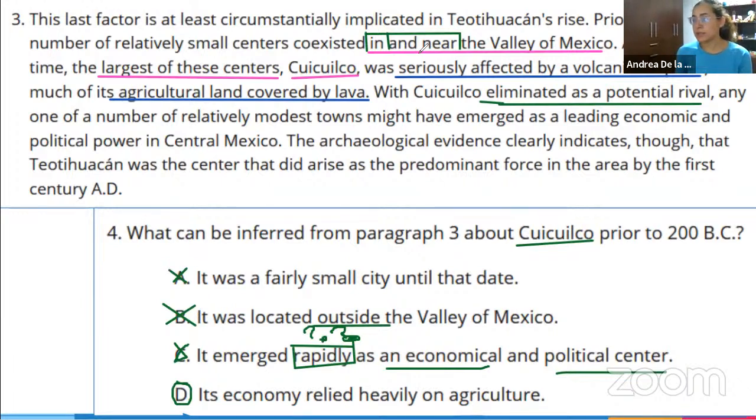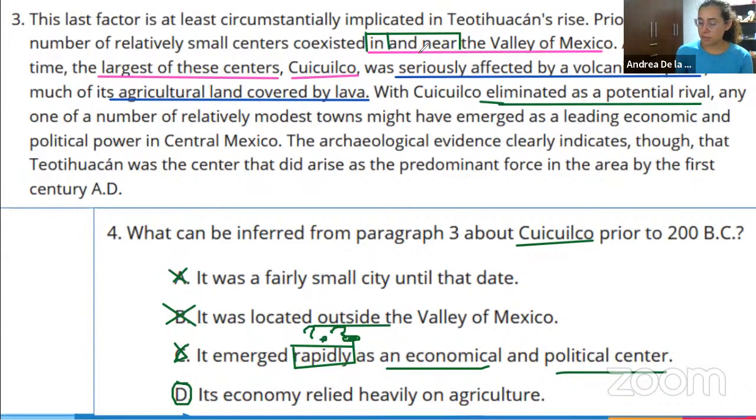Because as Rosario says, the things that we know about Cuicuilco were that they were a large city, their agricultural land was greatly damaged, and after that, they were eliminated as a rival. So something must have happened there. And what happened is that they relied heavily on agriculture. Their economy depended on agriculture.